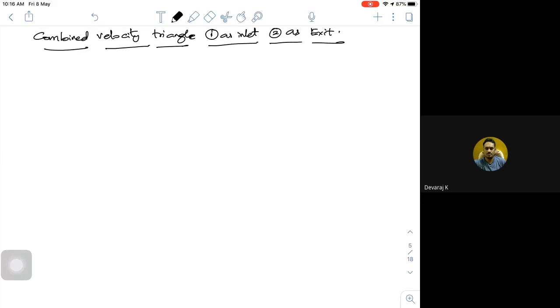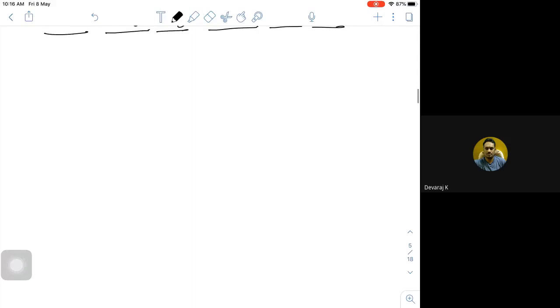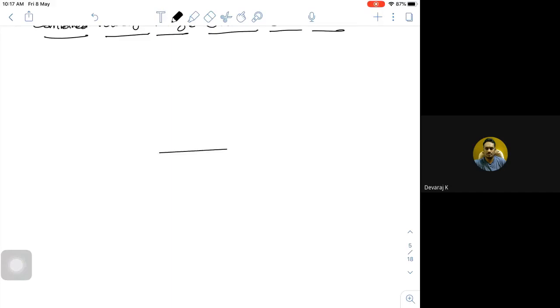I will try to draw two types of the combined velocity triangle given in a few books, and both are right. If I have a common velocity, that is u, and the flow enters with a velocity V1.